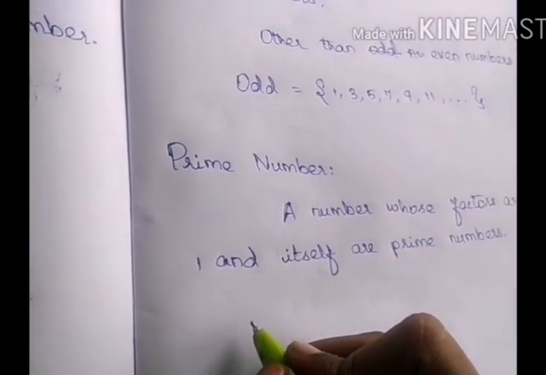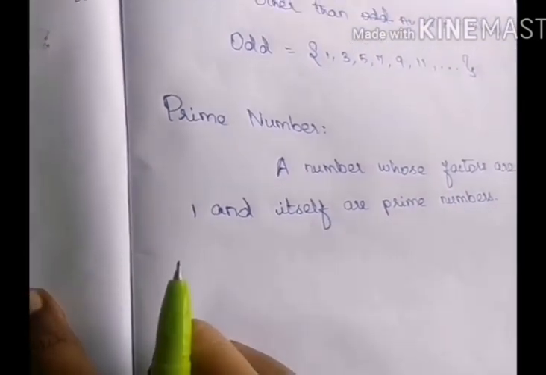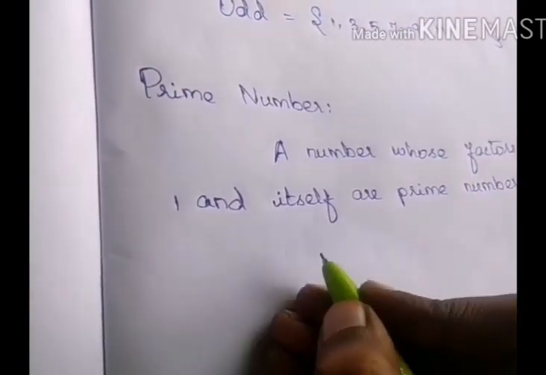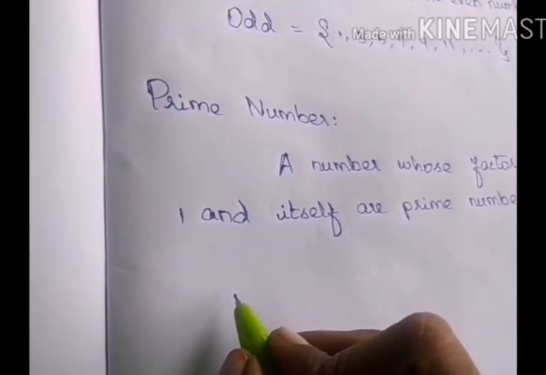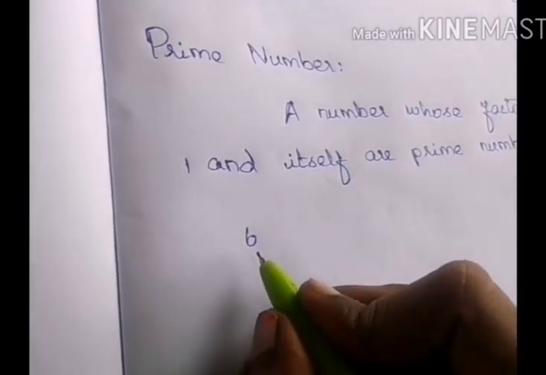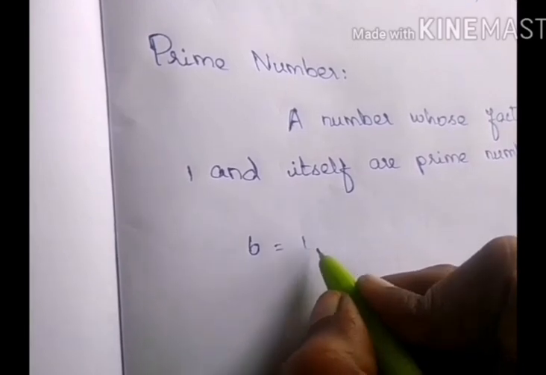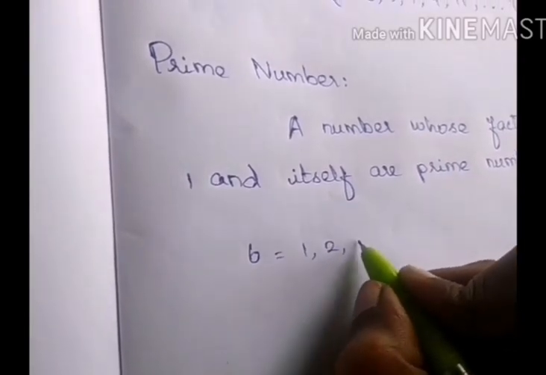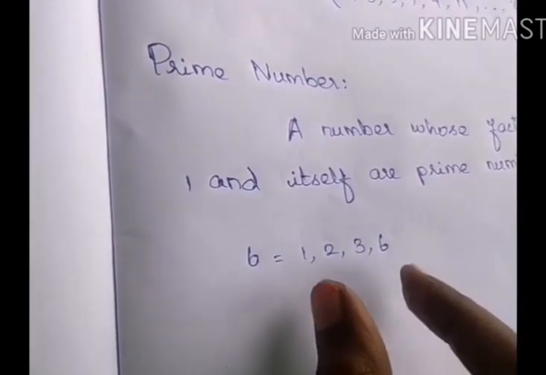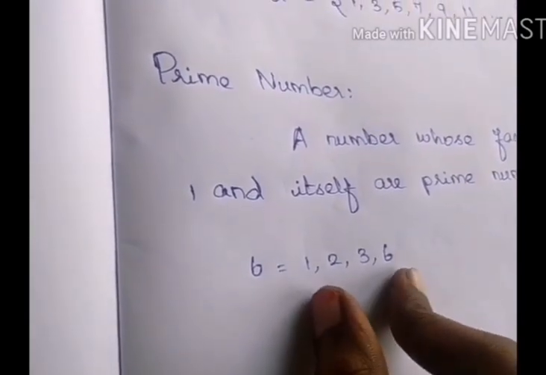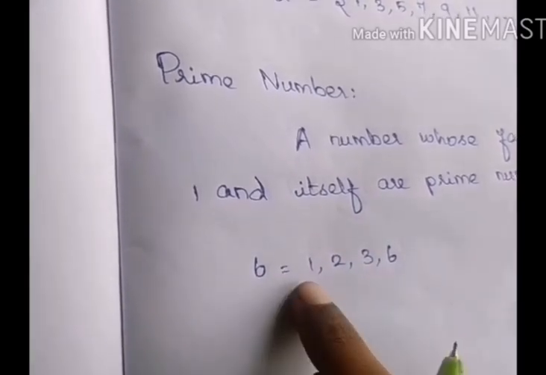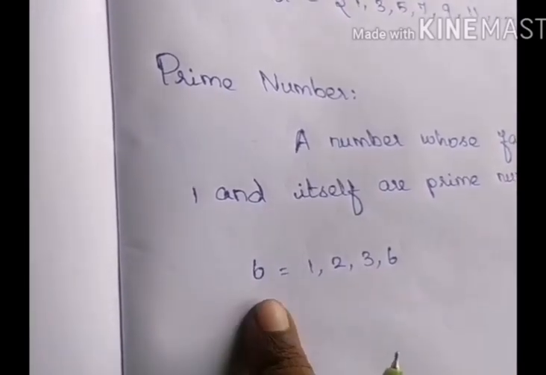First, what are factors? Factors are numbers which are the exact divisors of that particular number. For example, let us take 6. The factors of 6 are 1, 2, 3 and 6. These are the numbers by which we can divide 6 exactly. So these are the factors of 6.